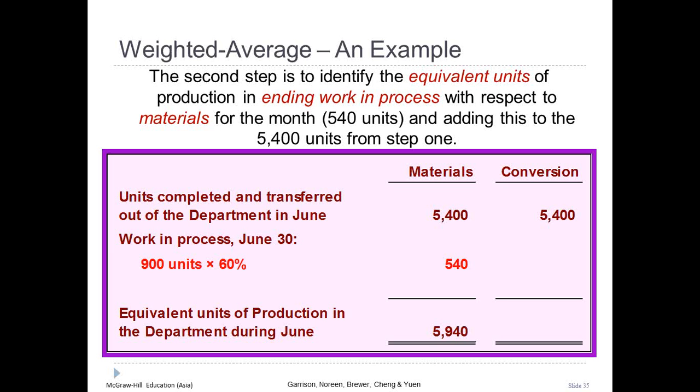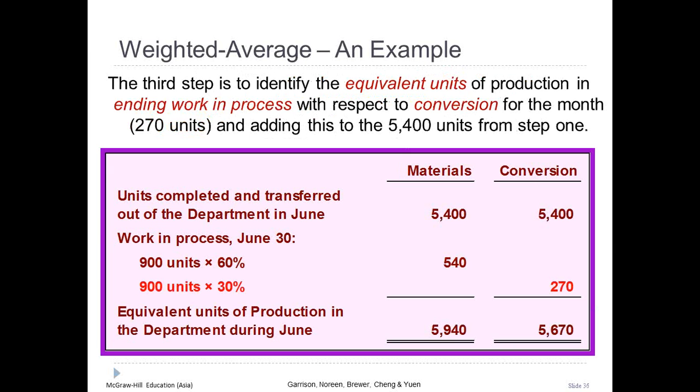We know there are 900 units in ending inventory that are 60% complete as to materials. So we know that there are 540 equivalent units as to materials in ending work in process inventory. For materials, we add the units completed and transferred out to the equivalent units in ending inventory, for equivalent units as to materials of 5,940.